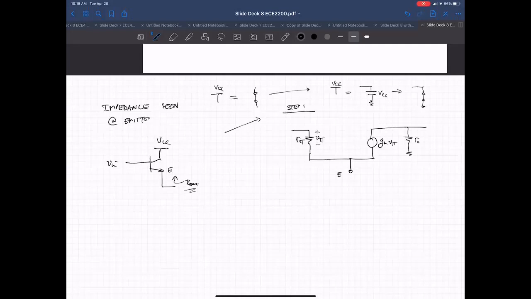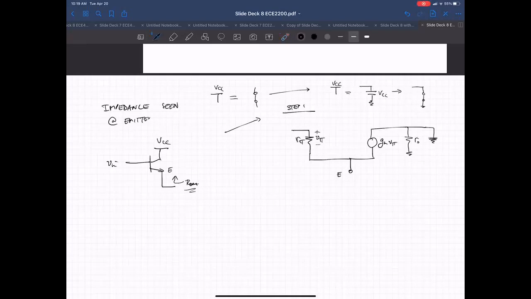So it looks like you just have a short to ground. So I would put a short to ground here. Okay, so this is a pretty important concept. Whenever you see this, it's really a voltage source or a battery, and you just have to short through that voltage source or battery in small signal, and you get a short. So don't forget to do that. Okay, important thing. Okay, so that's our small signal model.